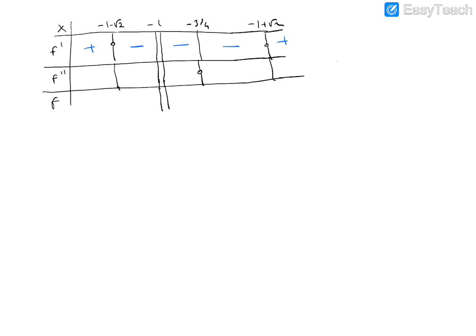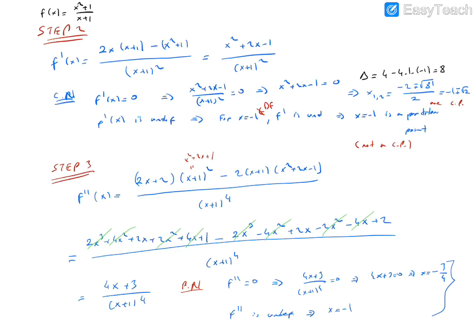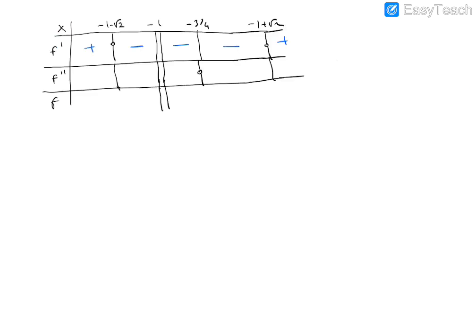And for f double prime, when making the sign chart, please be careful. If you make a mistake, you cannot sketch the graph. When sketching the graph, you can sense the wrong part actually. So for x equals 0, what is the sign of f double prime? This is 3, so positive.